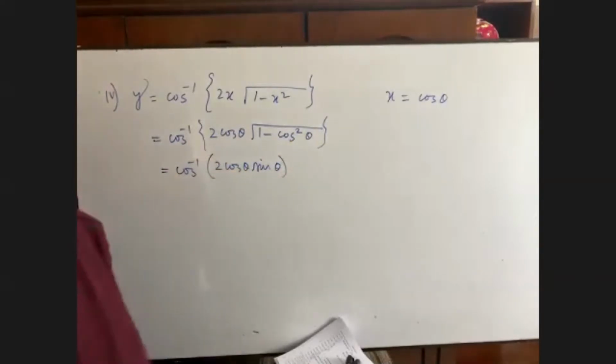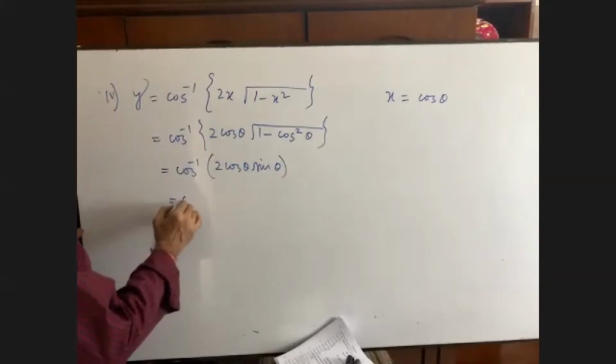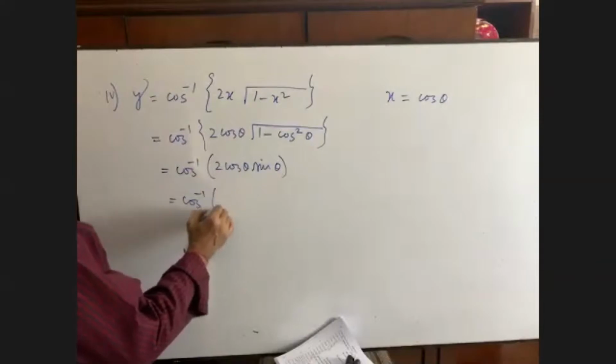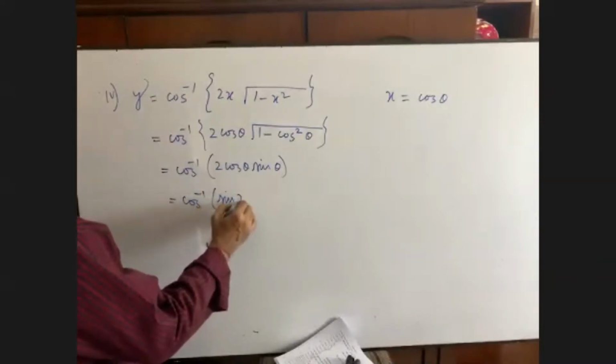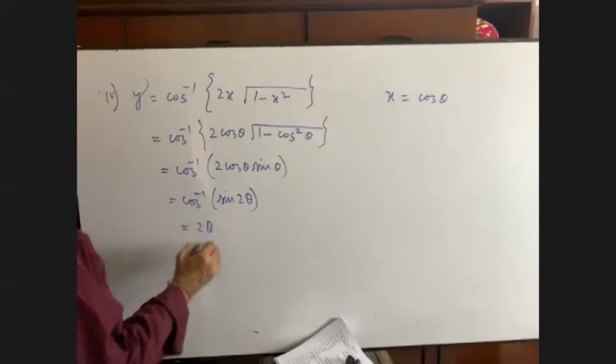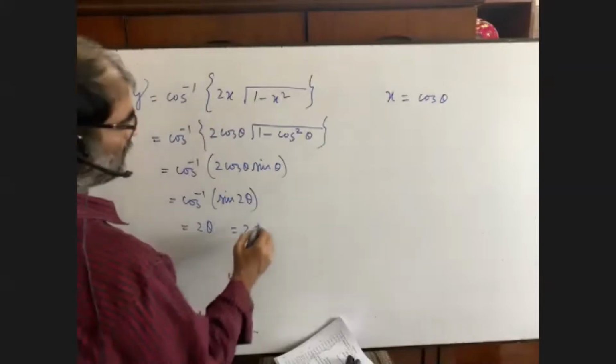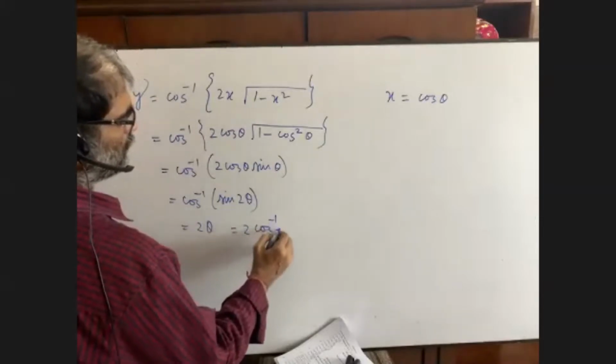You see, always we are getting the same math, same pattern. So cosine inverse, it is sin 2 theta. That is 2 theta. That is 2 theta equals to what? Cosine inverse x.